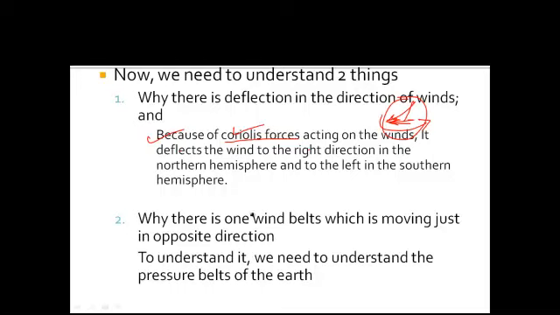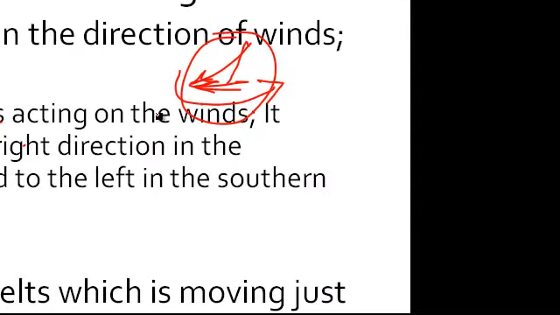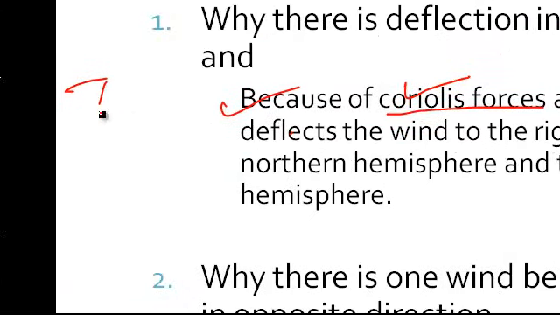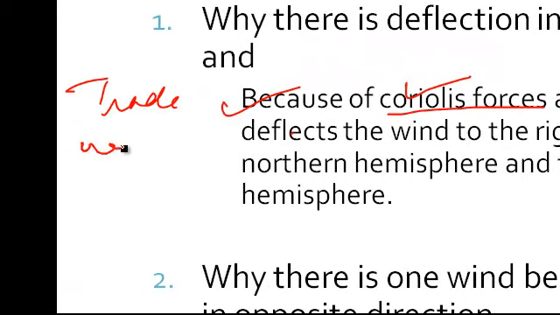Then comes the second question: why is one wind belt, that is the wind belt of westerlies, flowing in the opposite direction? So now you know about the wind belts. There are trade winds, there are westerlies, and there are polar easterlies.